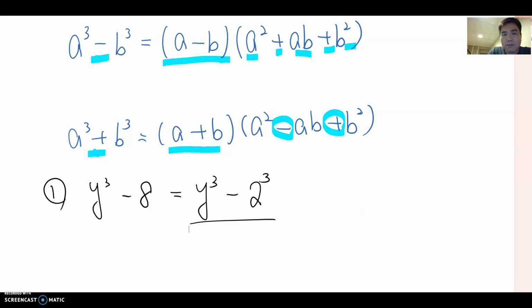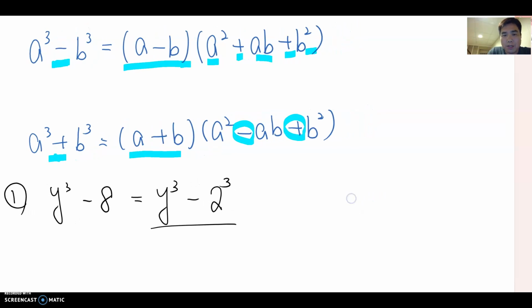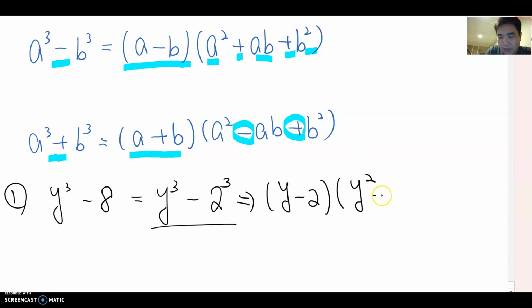So I'm going to follow this formula and factor this binomial. Then this becomes y minus 2, and then y squared, and plus, because this is minus, then this must be plus, and then 2y, also plus 2 squared, which is 4. That will be the answer for this binomial factoring.